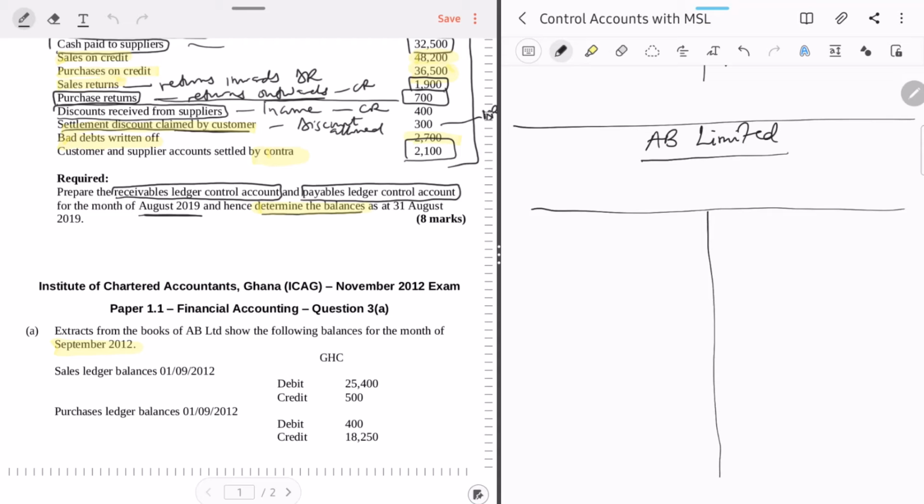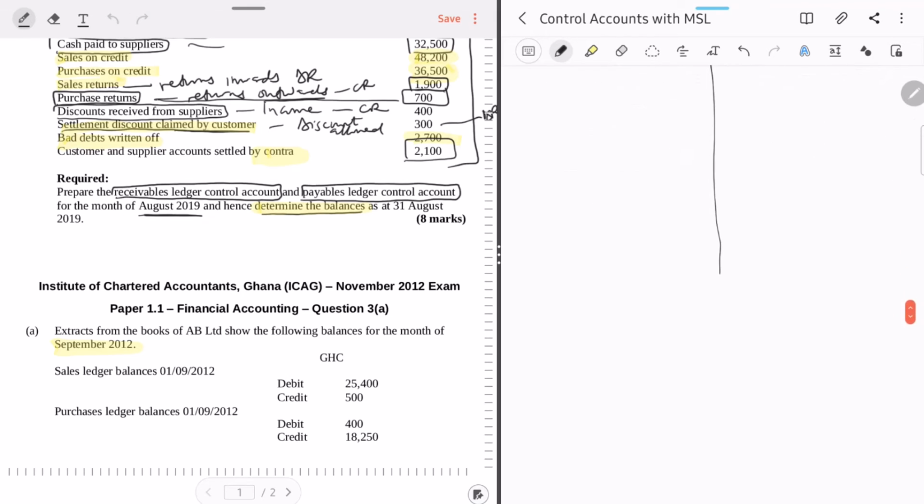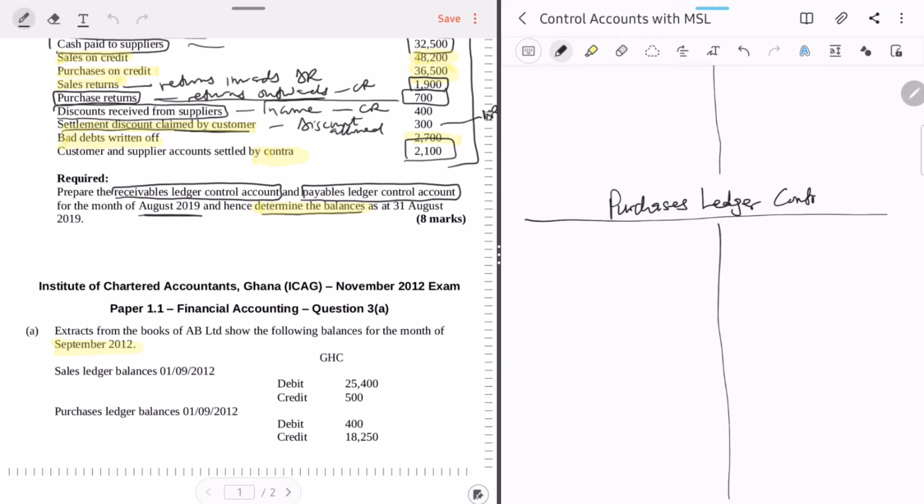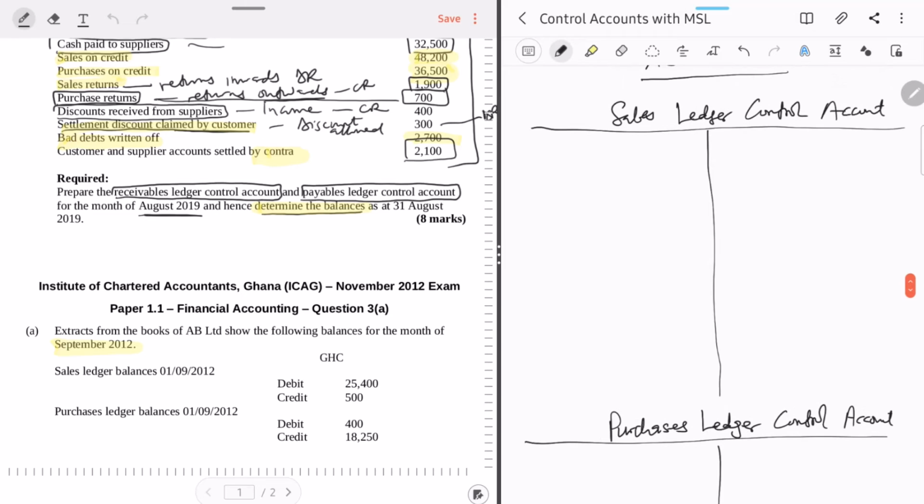So my sales ledger control account. And then we also have our purchases ledger control account.